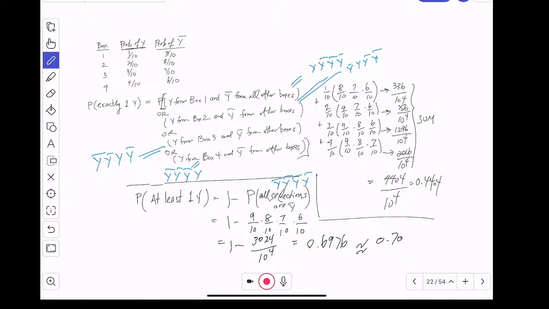So don't get frustrated. You're just learning. If you didn't get it, you're still learning. The key was this here, setting this up.